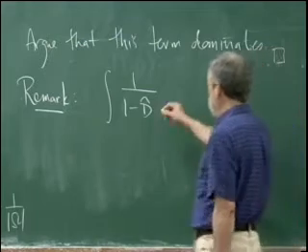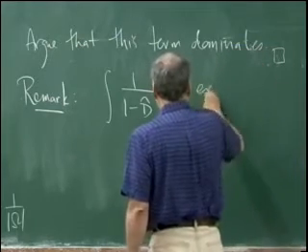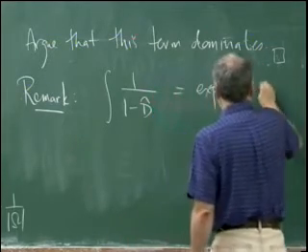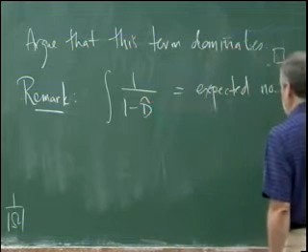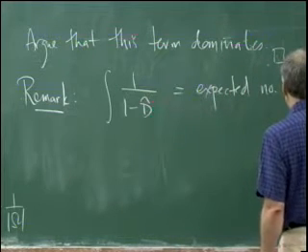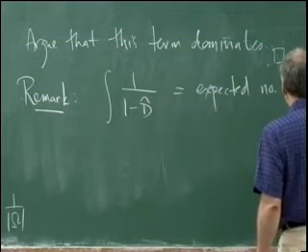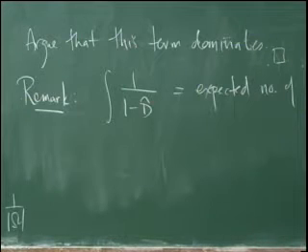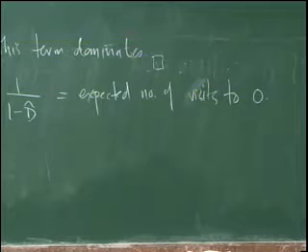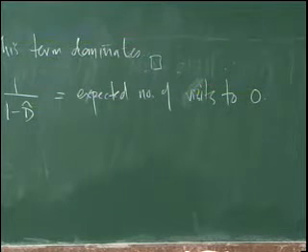But what this is equal to, probabilistically, is the expected number of visits to 0 for a random walk which has started at 0. And the fact that this integral only converges for d greater than 2 is the proof that the random walk is transient in dimensions greater than 2 and is recurrent in dimensions 1 and 2.